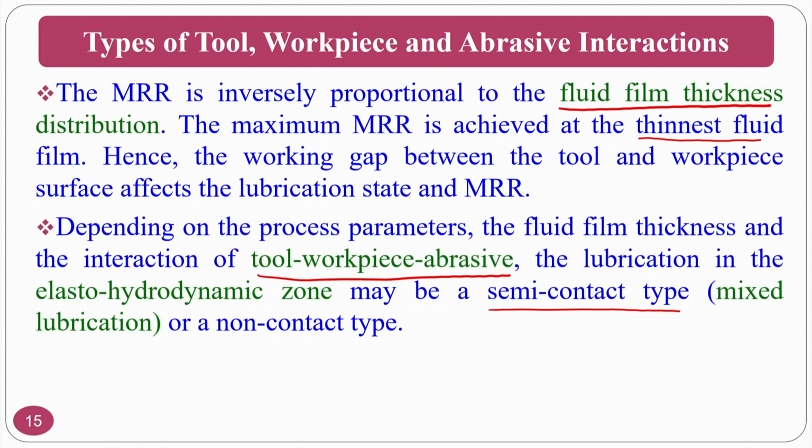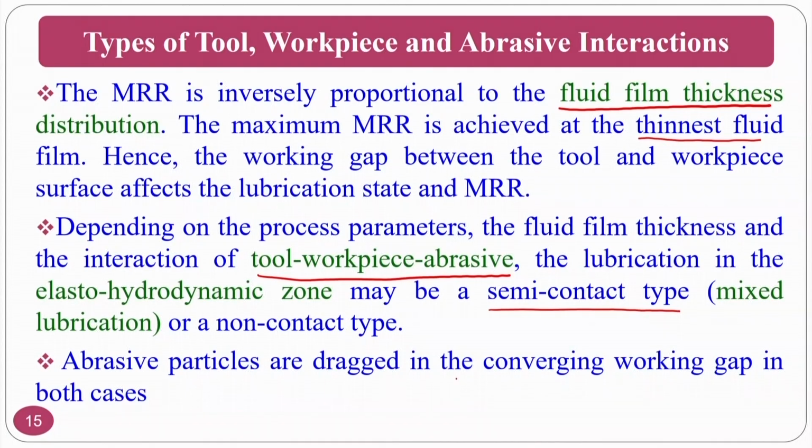Mixed lubrication means you will have a very fine thin layer. Non-contact means you will have a hydrodynamic layer. So the abrasive particles are dragged in the converging working gap in both cases.